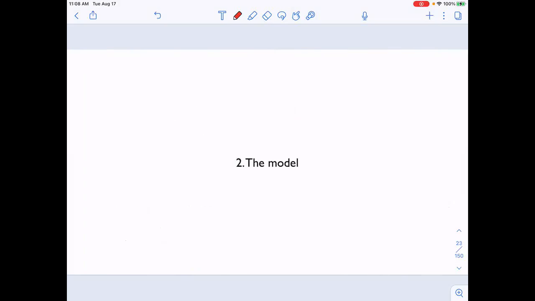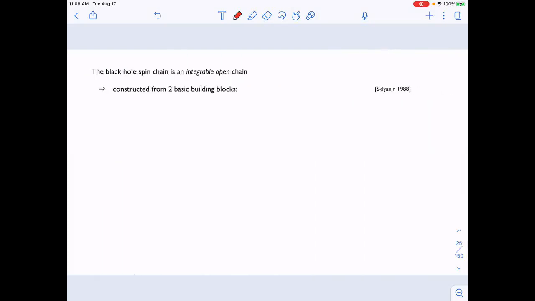Okay, so let me tell you what the model is. As I already mentioned, this black hole spin chain is an integrable open chain. So as Sklyanin explained a long time ago, an integrable open spin chain is constructed from two basic building blocks.